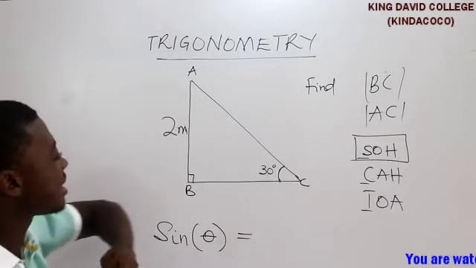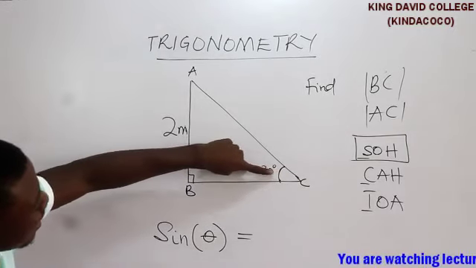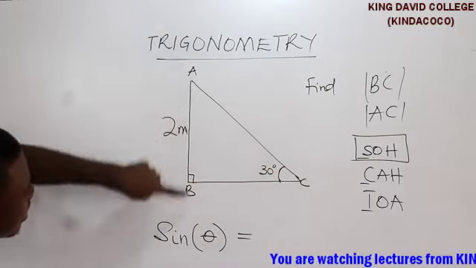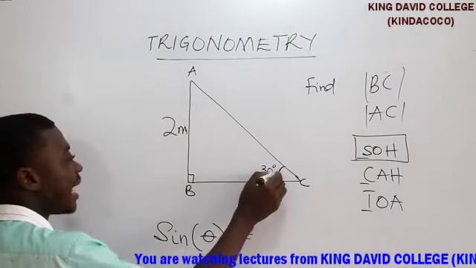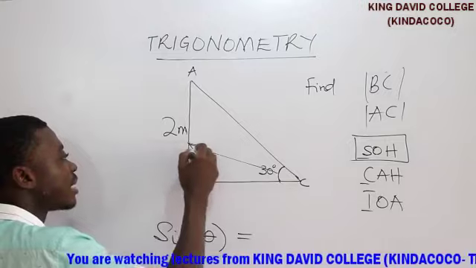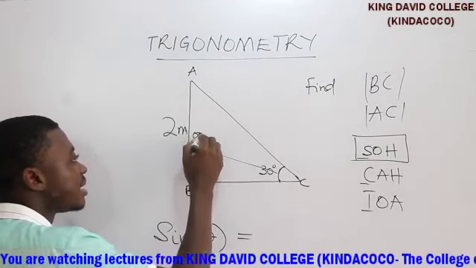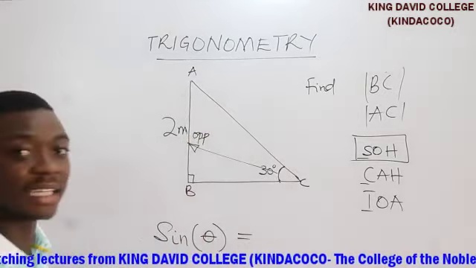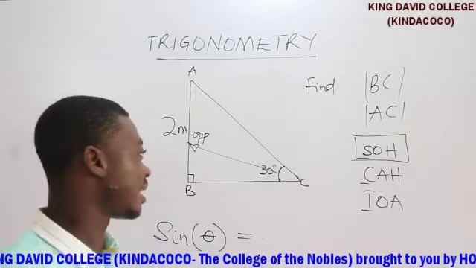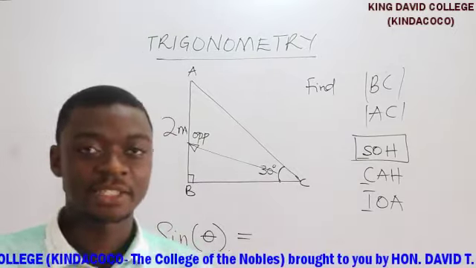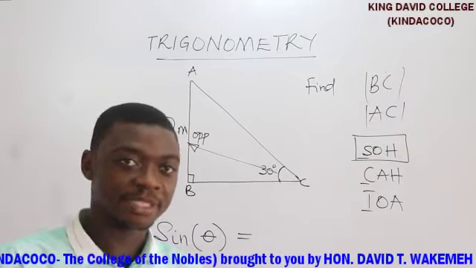You can see that when you draw the direct opposite, it's going to lie on this AB. So this line AB is going to become the opposite of this particular angle. It's facing it directly. So that's why the opposite comes in.